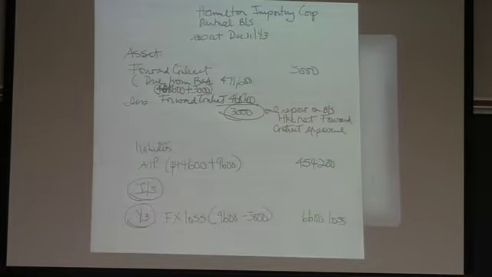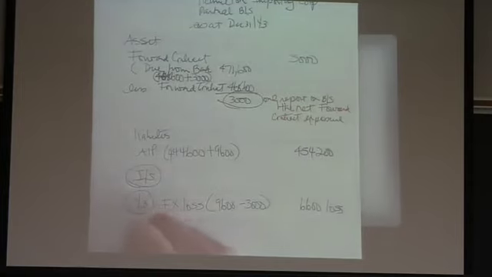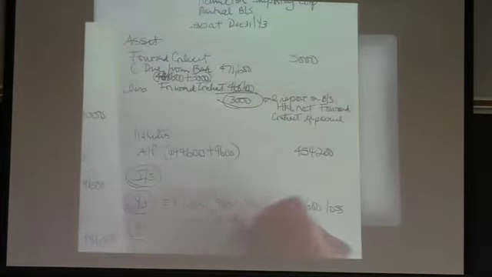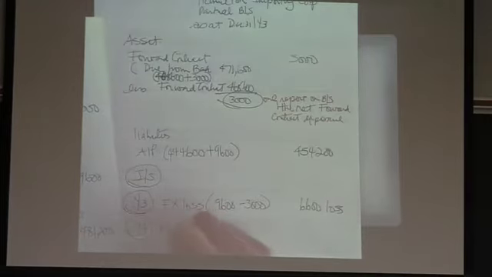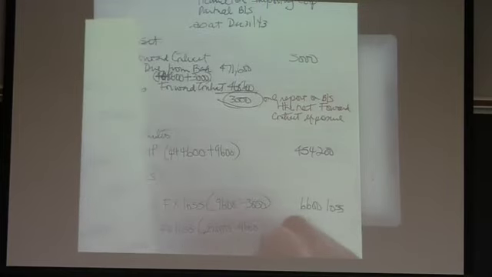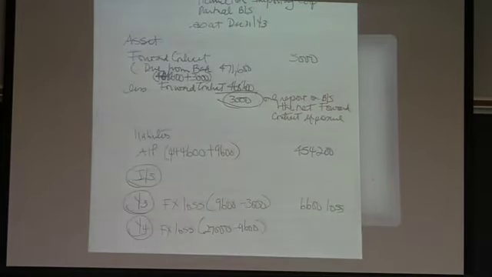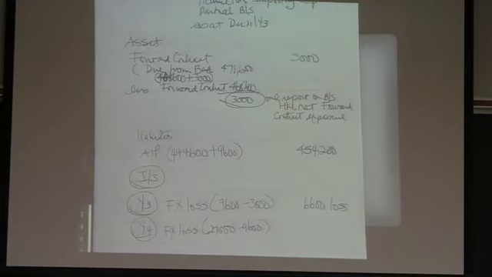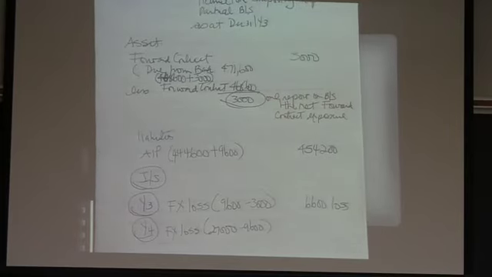And for year 4, we're going to have a loss of 27,000 offset by the $9,600 gain, and that would be 27,000 less 9,600, a 17,400 loss.